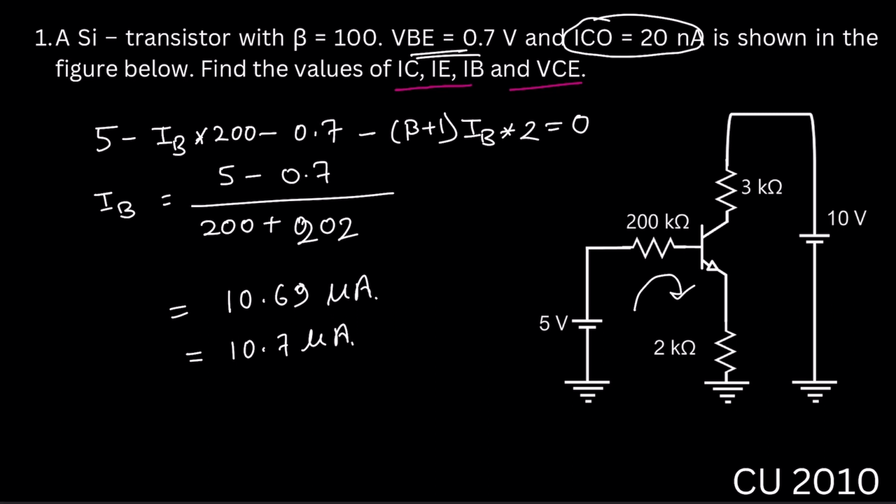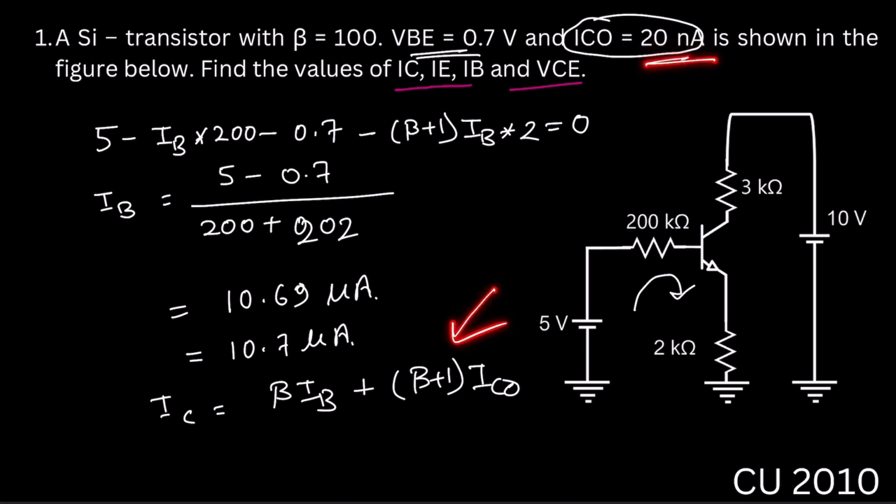Here they provided beta is 100. So we can write IC equal to beta into IB plus beta plus 1 into ICO. In the general case, we neglect this term, as ICO is 20 nanoampere, which is very low. But as they provided the value of ICO, we need to take it into consideration.